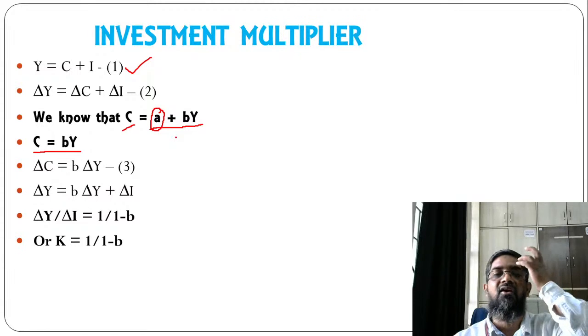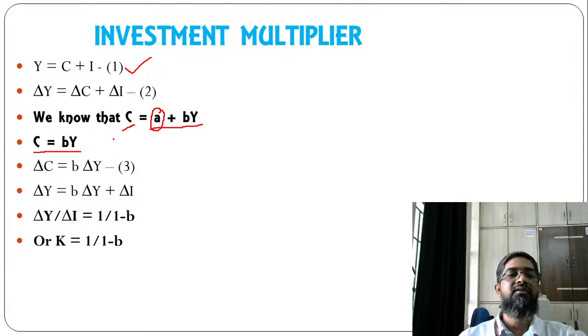In fact, in the long period, C will be a function of BY only. As per the Kuznets consumption function, you can write C is equal to BY. What is this B? You have already studied. This B is delta C, that is change in consumption because of change in income, right?